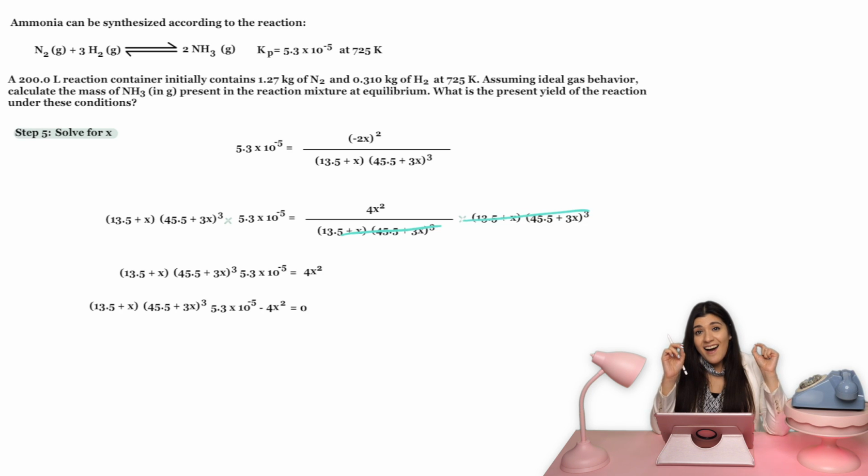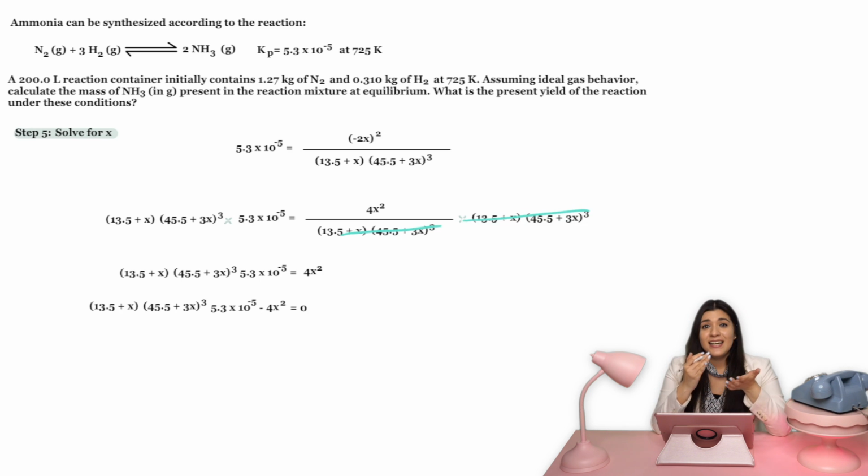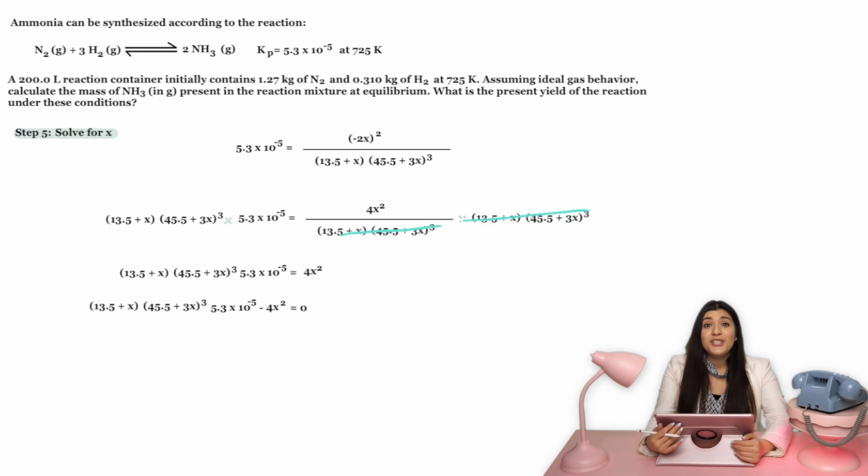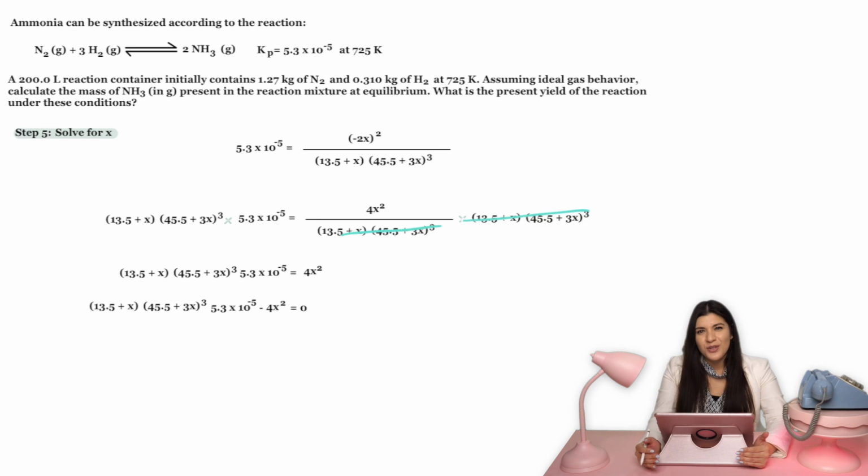So, I looked it up. Why? Because it's a very challenging question, and I wanted to see, is there another way to do this, since you typically only learn the x is small assumption or using the quadratic formula, and I don't even remember them teaching me this in school. So I knew, well, I know I can do this using math, but you shouldn't have to know this portion of it.